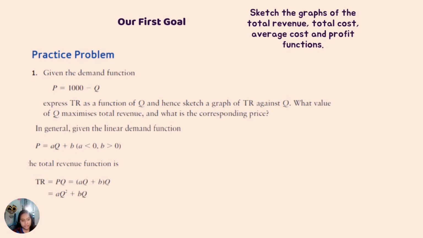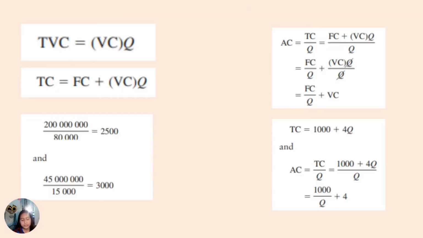The significant function here is not the total cost, but rather the average cost per car. If the US and European plants manufacture 80,000 and 15,000 cars respectively, their corresponding average costs are 200 million divided by 80,000, which equals 2,500, and 45 million divided by 15,000, which equals 3,000. On the basis of these figures, the US plant appears to be more efficient.